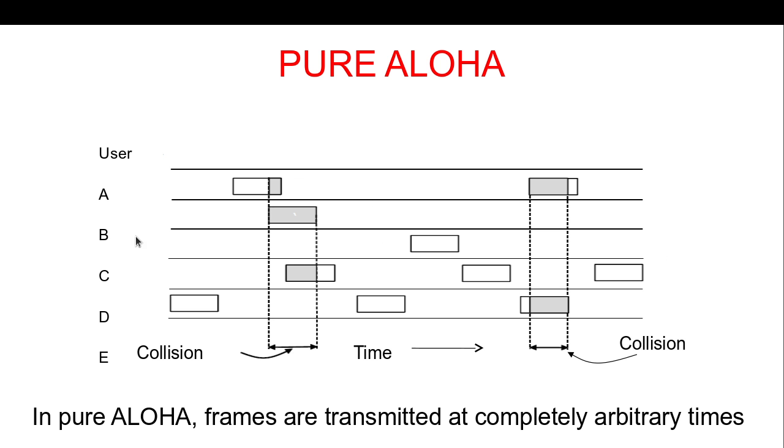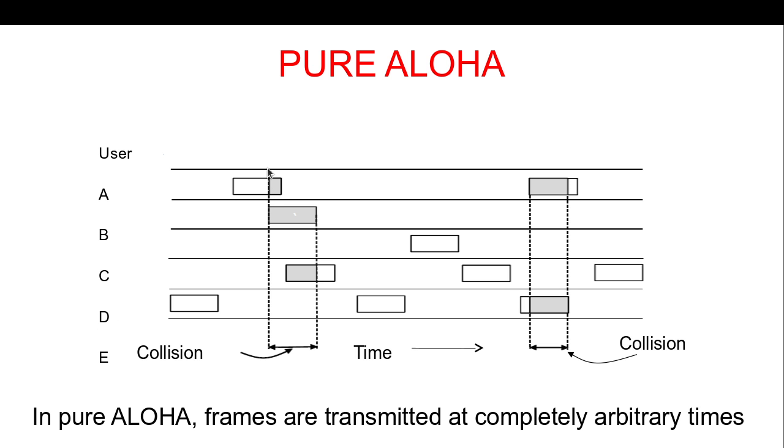Just to make the transmission of different users visible, the different rows are shown here. Time goes along the X axis, and there are multiple senders like A, B, C, D, E, etc. Let us say, for example, at the very beginning of the time, station D transmits a frame. After some time, station A starts transmitting a frame.